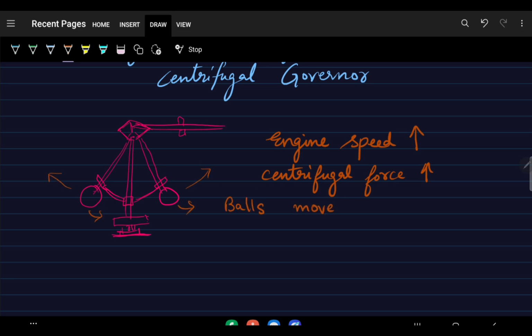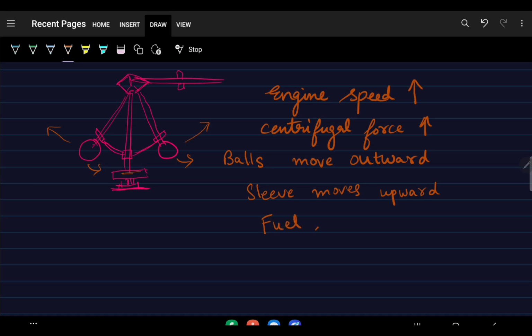The first thing we need to remember is, as the engine speed increases, the centrifugal force increases, and the fly balls move outward and the sleeve moves upward. So the fuel supply decreases and the engine speed becomes normal.